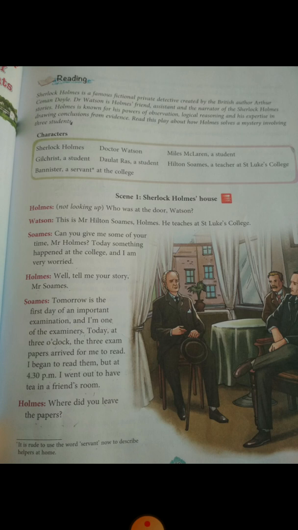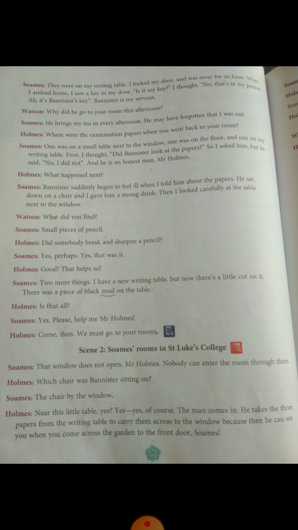A private detective, so he asks some questions. Soames replies, I left my papers on my writing table and I locked my door and I was away from there for 1 hour. But when I arrived back, I saw a key in my door. I thought it was my key, but no, that is Bannister's key.